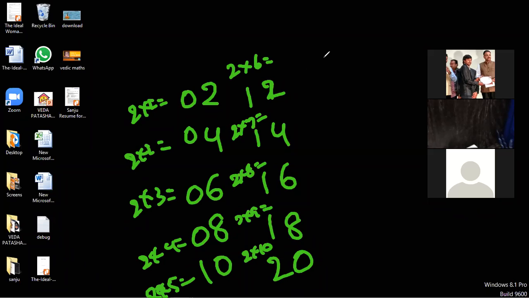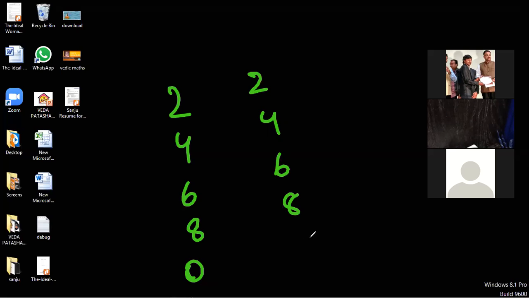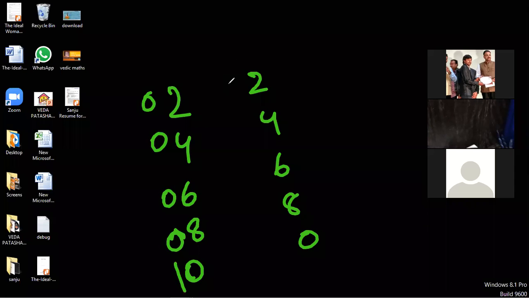Understood? Just write 2, 4, 6, 8, 0, again 2, 4, 6, 8, 0. In the first row we write 0 before the number except the last one. Again we write 1 for the second line except the last. That's it. We got the two table.